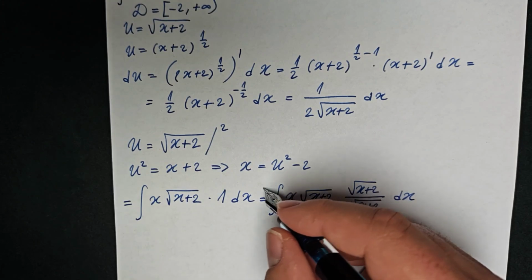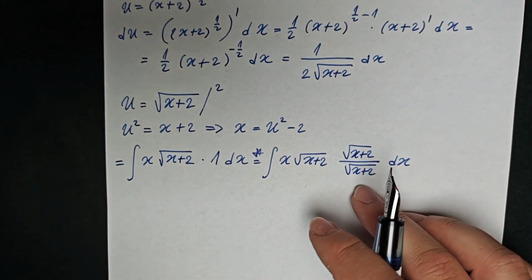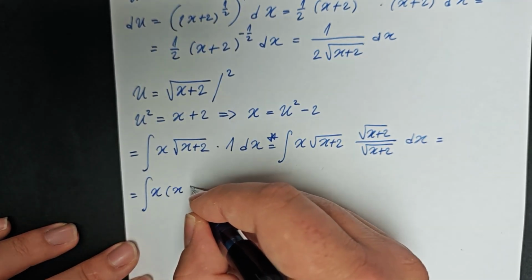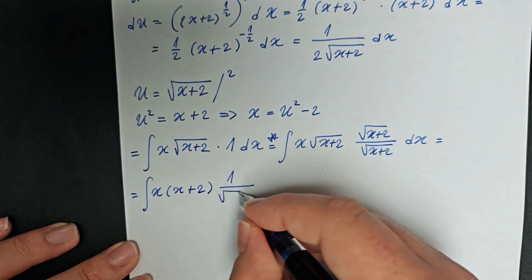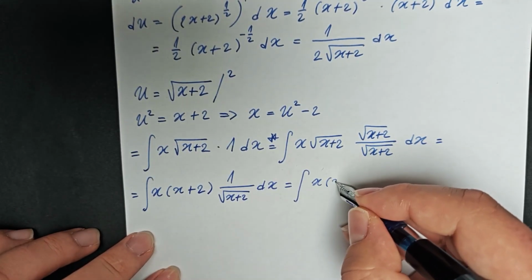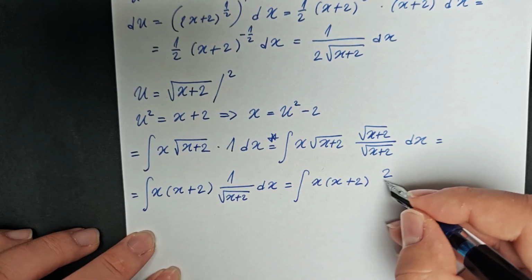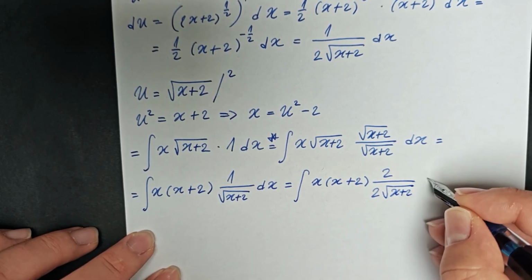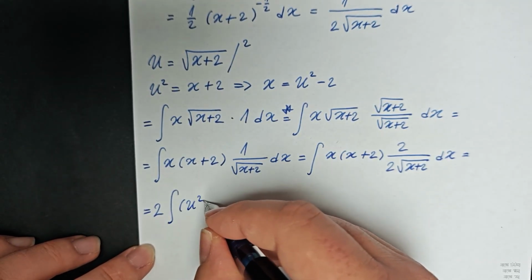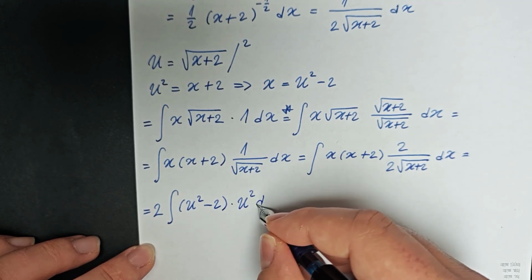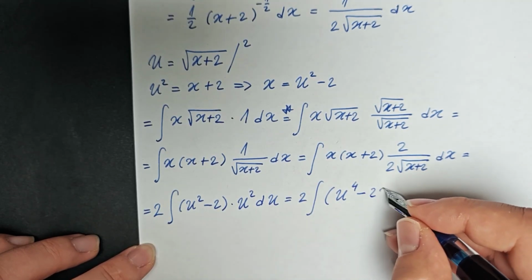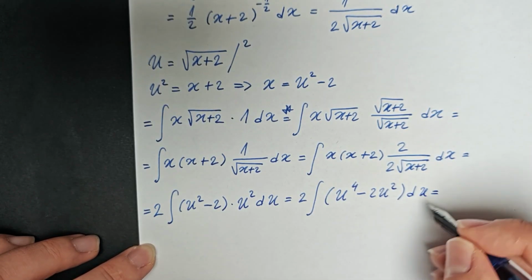And I'm going to put a little star here because I will come back to this. This is then equal to an integral of x plus 2 times 1 over the square root of x plus 2 dx, and that is an integral of x plus 2 over 2 square root of x plus 2 dx, and that is equal to 2 integrals of u squared minus 2 multiplied by u squared du, which is 2 integrals of u to the 4th power minus 2u squared, differential of u.